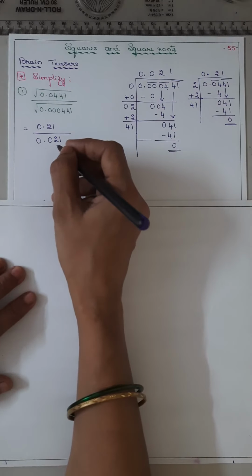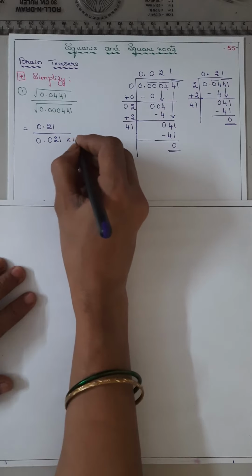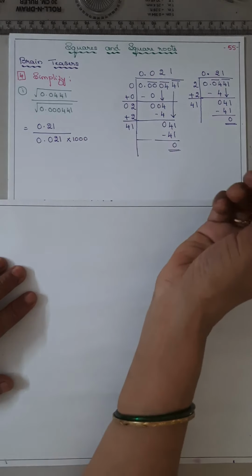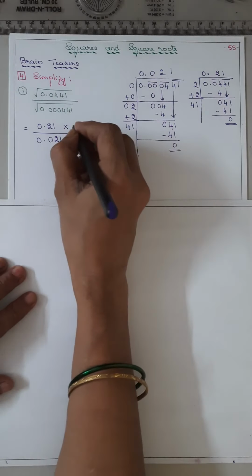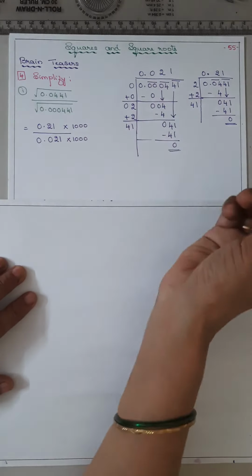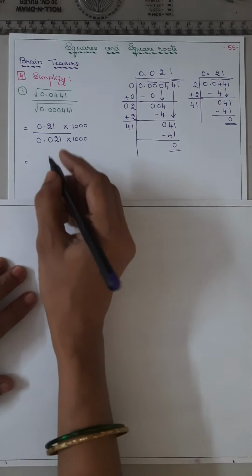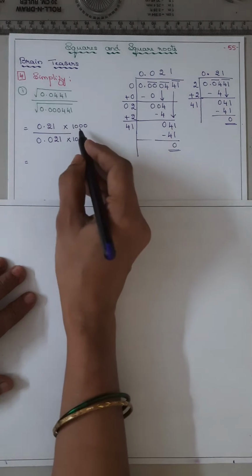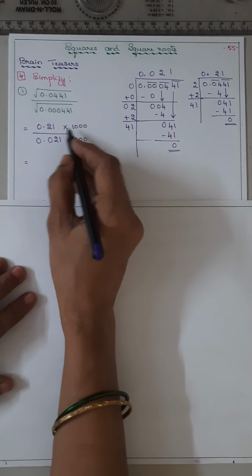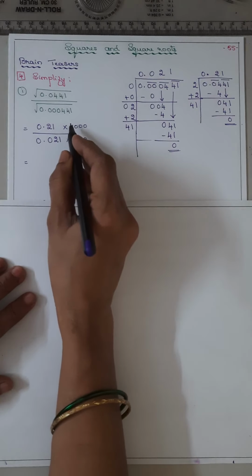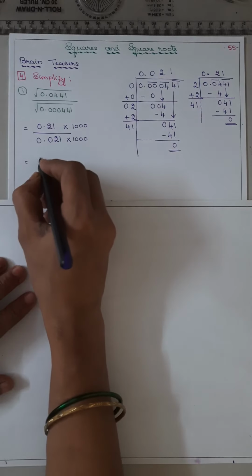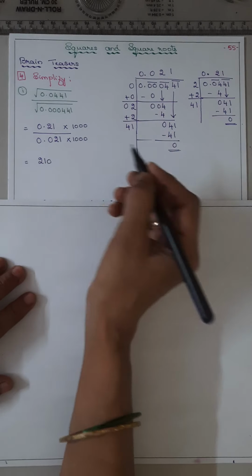The denominator has 3 decimal places. Remove that by multiplying by 1000. Multiply the numerator also by 1000. You will get in the numerator, multiplied by 3 zeros, the decimal moves to the right, so it becomes 210.